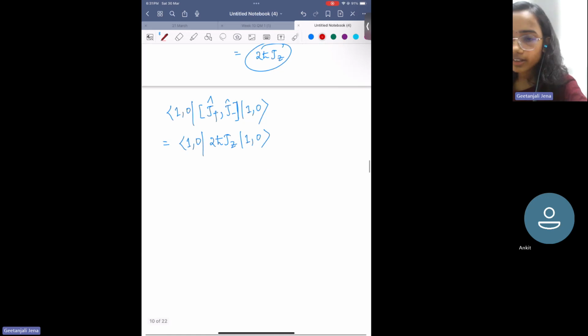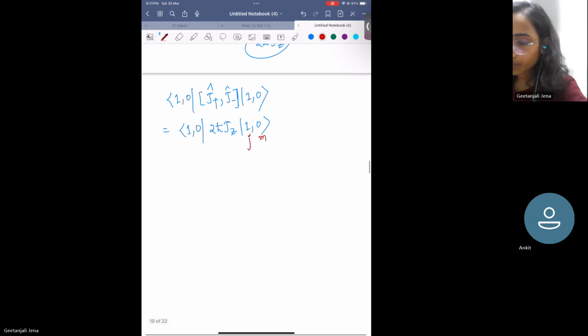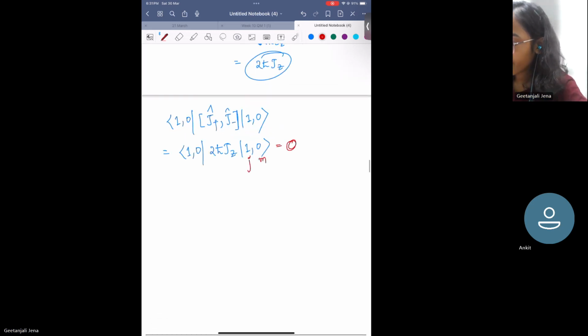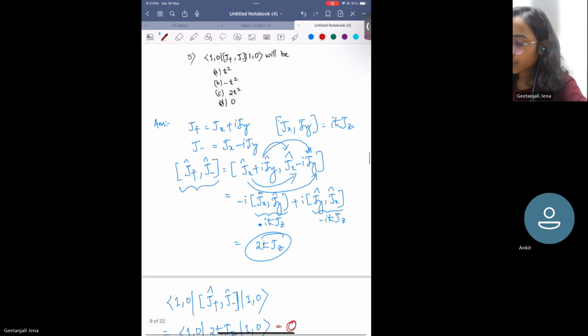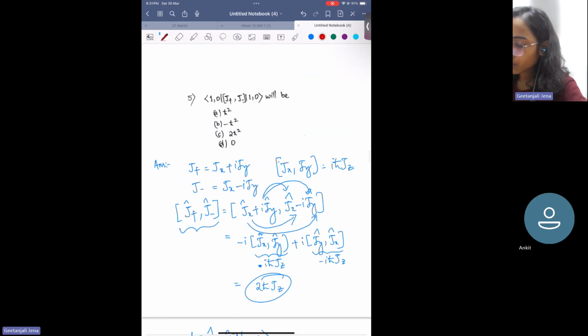So now Jz will act on M. So this is J and this is M. M is 0, so it will give 0 times ħ. So the answer would be 0. So the expectation of this commutation relation would be 0. The answer would be D.